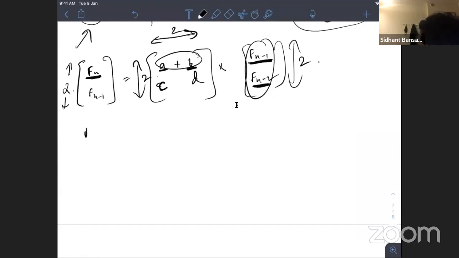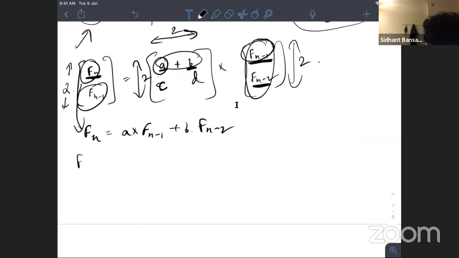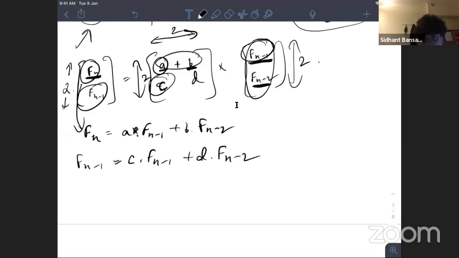So Fn is equal to A times Fn minus 1 plus B times Fn minus 2. Similarly, Fn minus 1 is C times Fn minus 1 plus D times Fn minus 2, right?